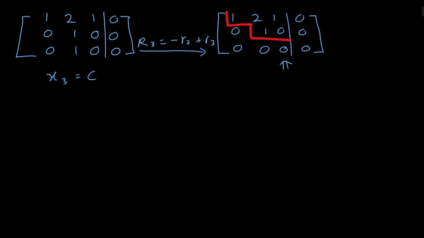And then from the second row we see that x2 is equals to 0, and from the first row we have x1 plus 2 times x2, x2 is 0, plus x3, and x3 is equals to c, equals to 0. Okay, so now I have x1 equals to minus c.